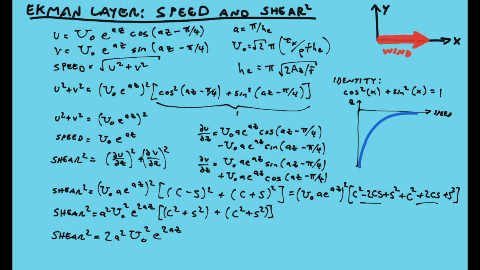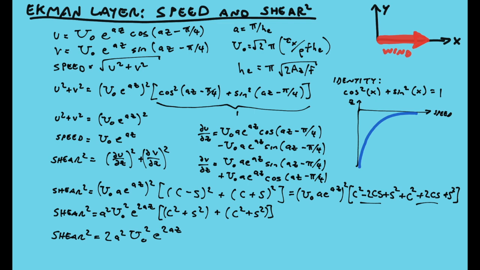The first step is taking the vertical derivative of the u expression, and that gets long, but it's u naught a e to the Az cosine Az minus pi divided by 4 minus u naught a e to the Az sine of Az minus pi over 4.